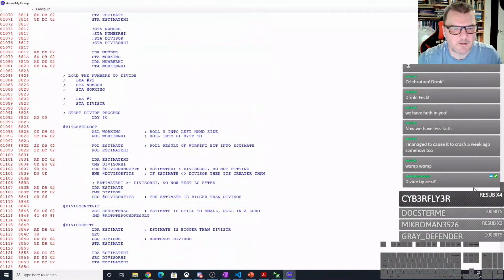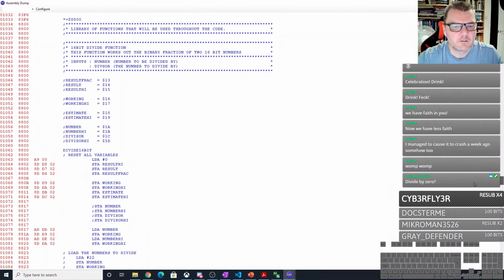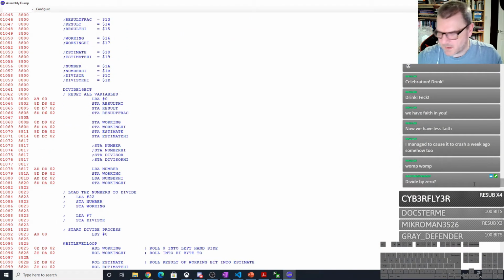Oops. Right, so where's a bit of paper? So result is 02D7. And so fraction is D6 and high is D8.